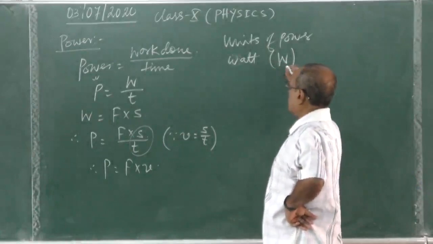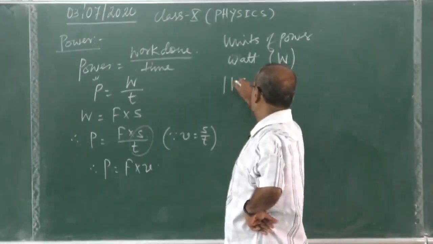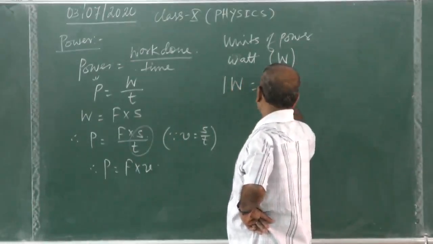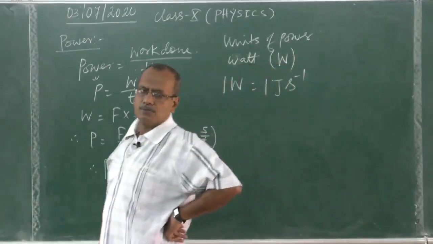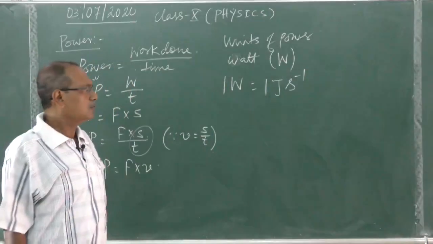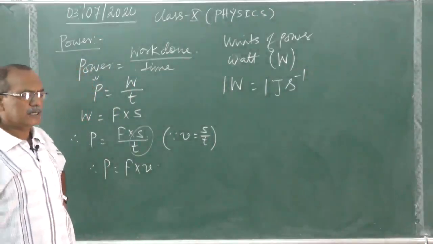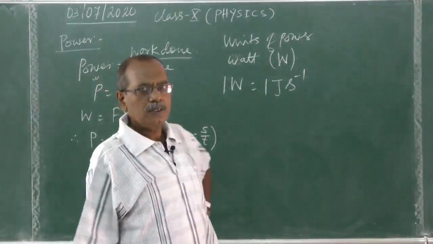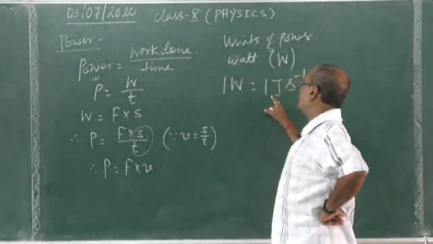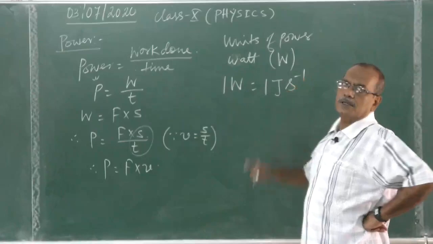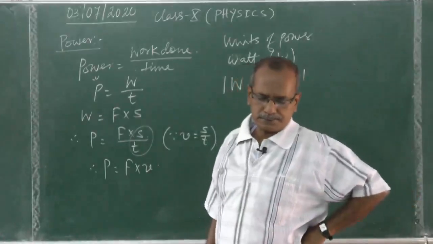So 1 watt is equal to 1 joule per second. It means 1 joule of work is done in 1 second.